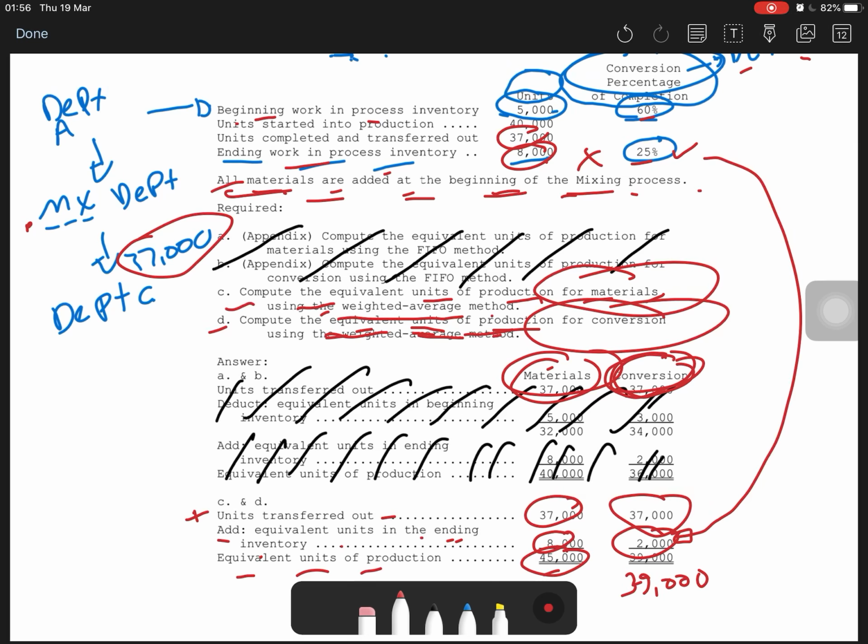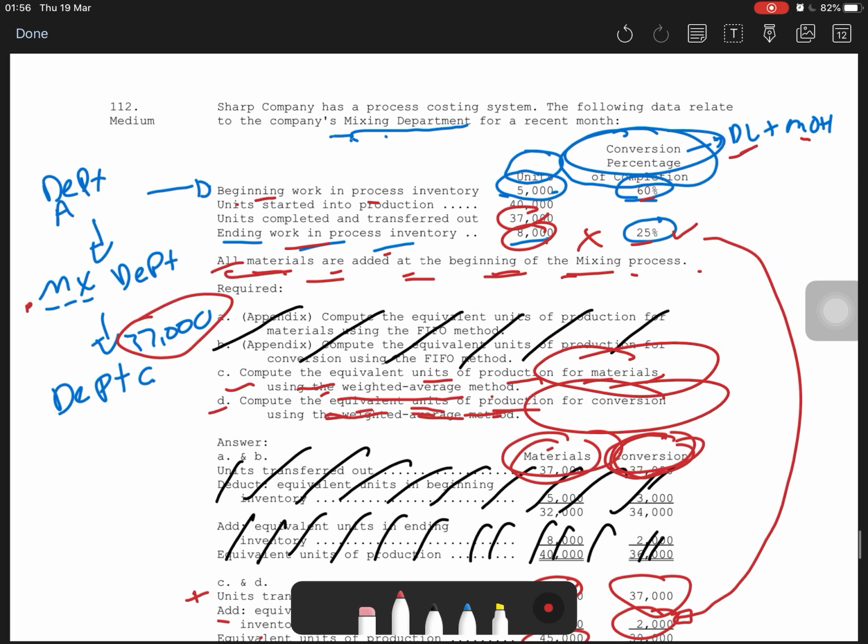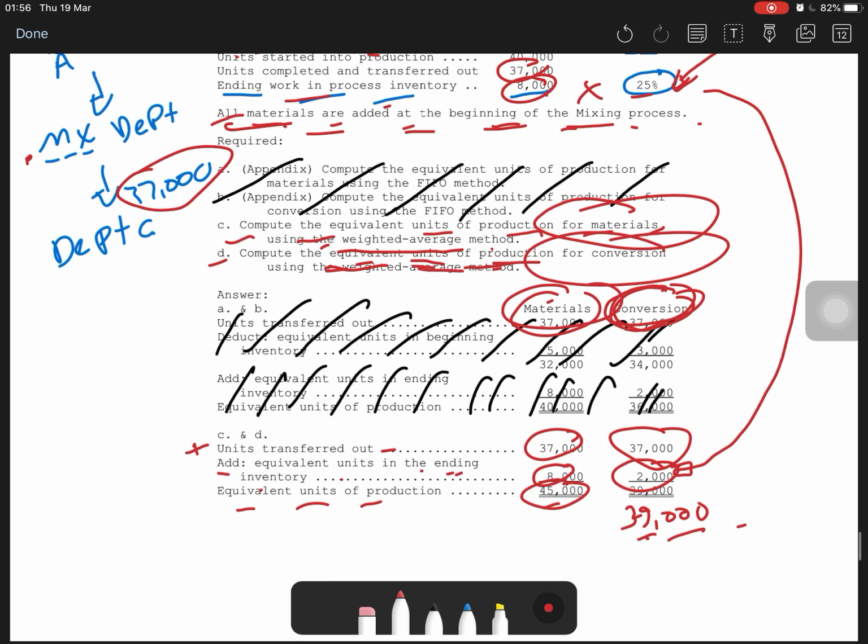But for the conversion, which is direct labor plus manufacturing overhead, not all of the 45,000 units are complete, it's 39,000 units. The units are 45,000, but because not all of the direct labor and manufacturing overhead is put here, that's why we call it equivalent units.